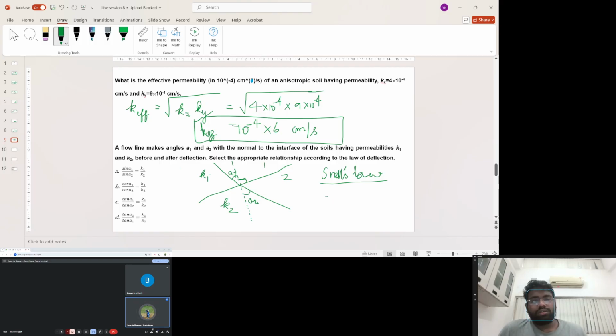So here, in a similar way, K1 by K2 is related as tan A1 by tan A2. It is similar to Snell's law of refraction. Alright. So the option will be option C. Any doubts?